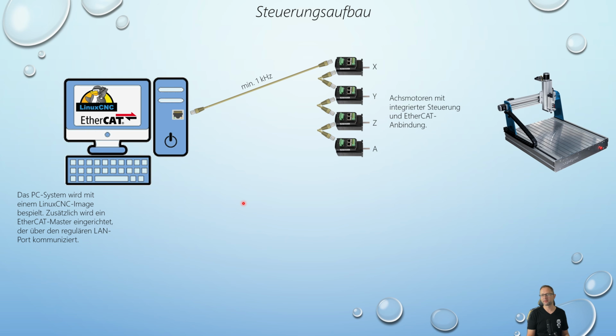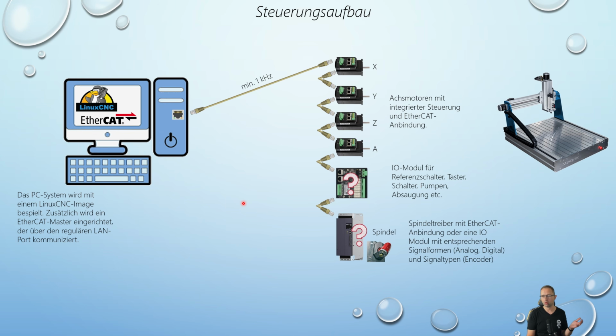And here, for example, a few motors or an I/O module or a spindle, or I make the I/O module control the frequency converter of the spindle. That would be, for example, a system for a gantry milling machine. And you can already see the wiring effort is minimized a bit because the communication takes place over the network cable.